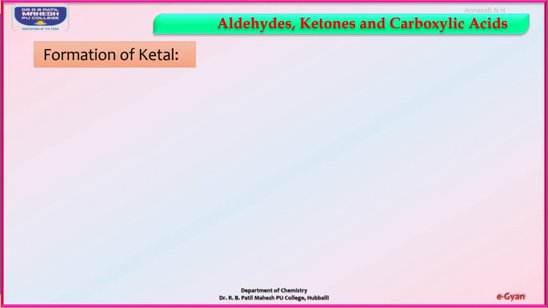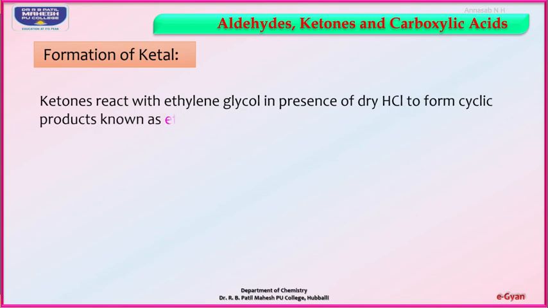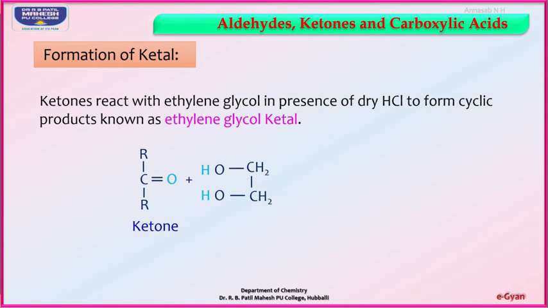Definition is almost the same. Ketones react with ethylene glycol in presence of dry HCl to form a cyclic product known as ethylene glycol ketal. We have a ketone, R C double bond O R, that reacts with ethylene glycol. It is a dihydroxy alcohol, from which a water molecule is removed, leading to the formation of a cyclic compound.